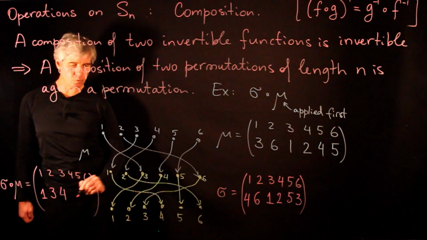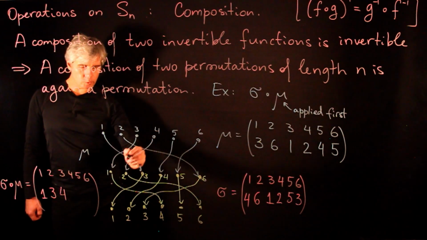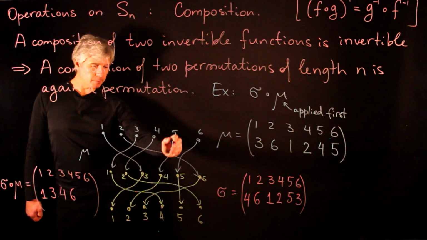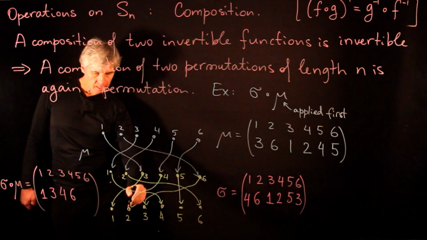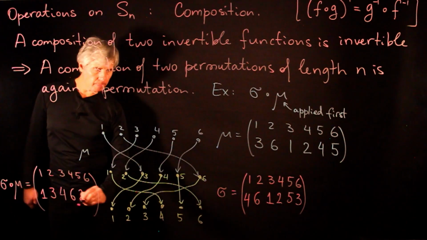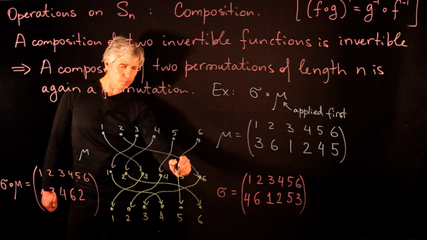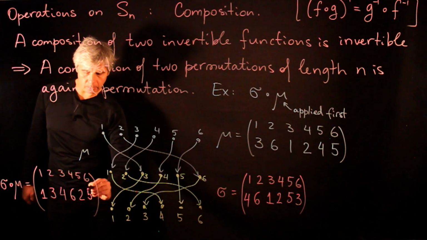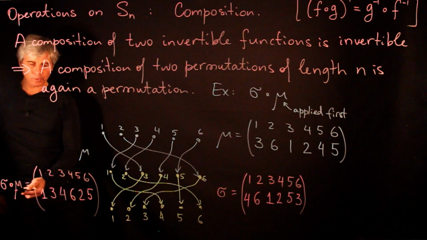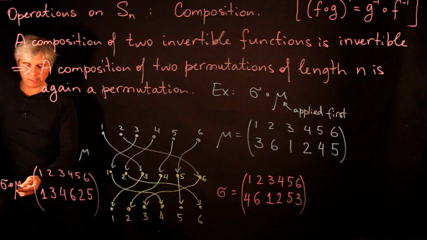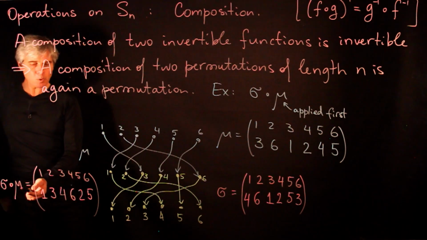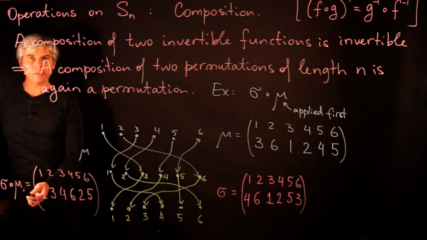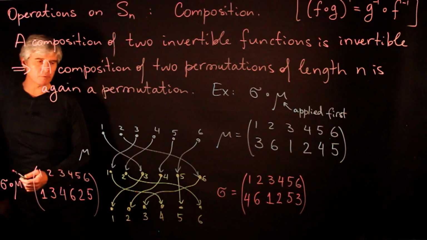So 3 goes to 4. 4 goes to 2, and 2 goes to 6. 5 goes to 4, and 4 goes to 2. And 6 goes to 5, and then 5 goes to 5 by sigma. So we get 6 goes to 5. So the result is that the composition of sigma with mu is this permutation. And we keep in mind that mu here is applied first.